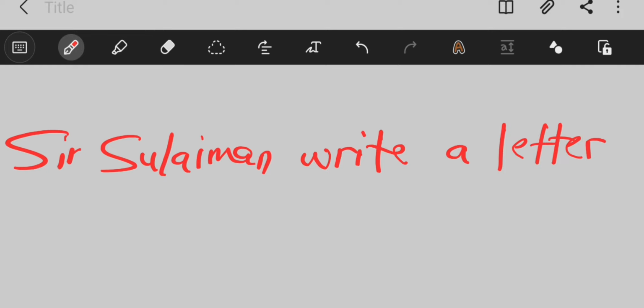Okay, so you should be able to identify the verb. I'm making a mistake here, a mistake in the verb. If you can identify it, you are really a great student.